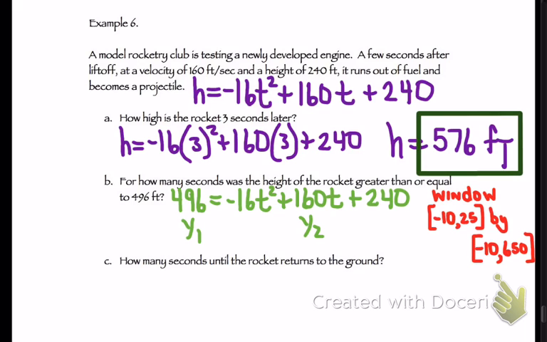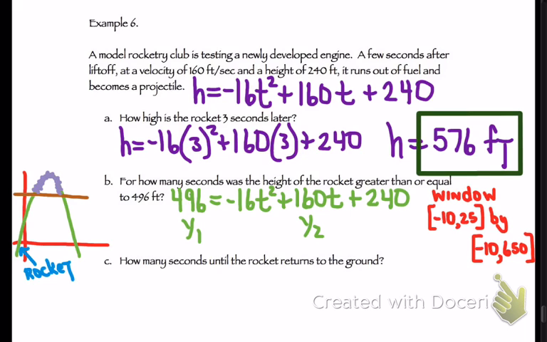I have everything set. So if I think about what the picture looks like, there is my rocket. There is 496 feet. So when is it greater than or equal to 496 feet?